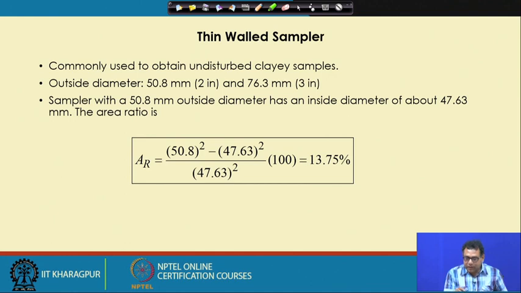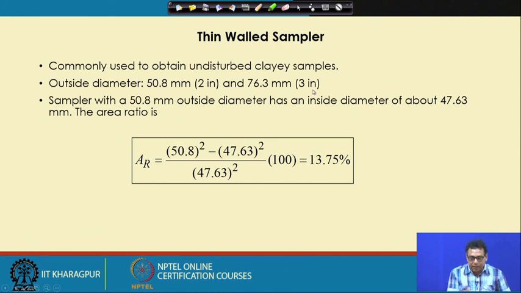Next one, the thin wall sampler. As I mentioned, if the thickness increases, the disturbance will increase, so here the thickness is reduced. There are two types of sampler in terms of diameter: one is 50.8 millimeter outside diameter and the other is 76.3 millimeter outside diameter.